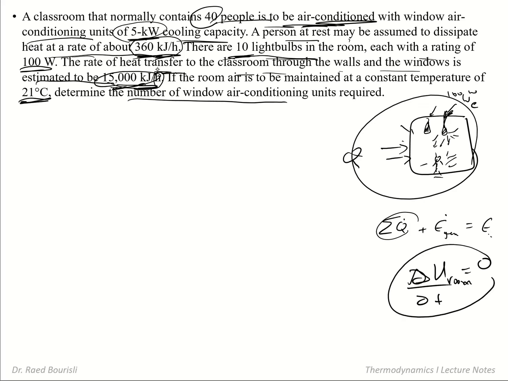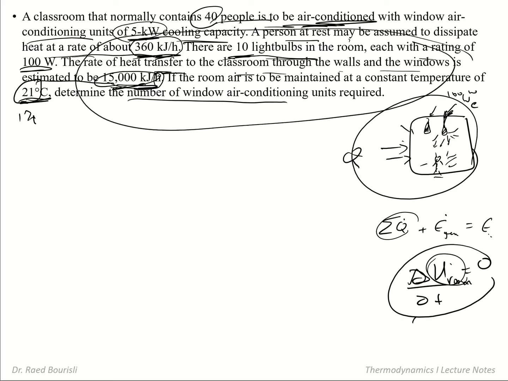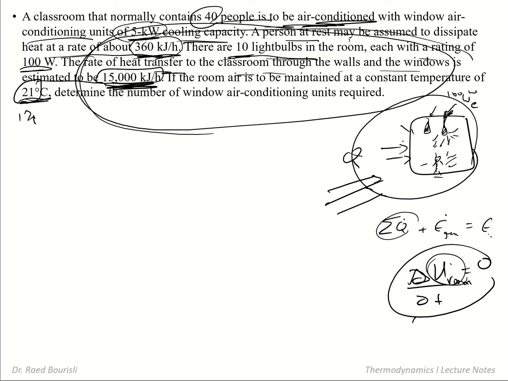So no change in the internal energy of the whole room. It doesn't matter if you leave it at 21 or 121, because if you seal it with no air conditioning, the room will melt because you're just injecting heat. No matter what, this is the power you'll get, and this electricity will flow in.